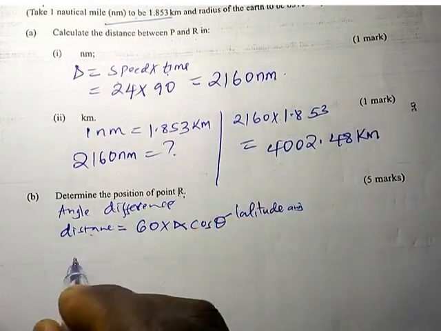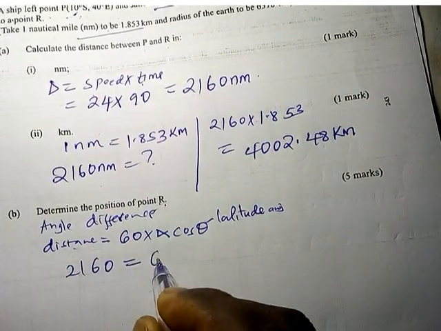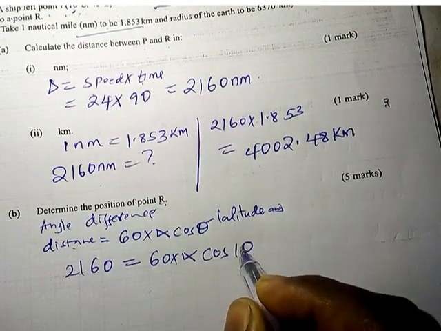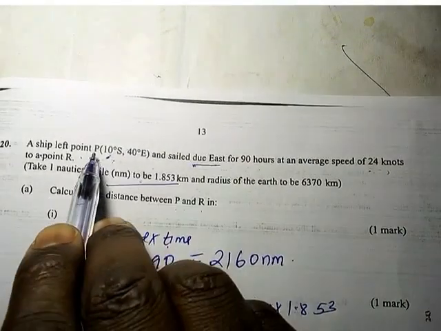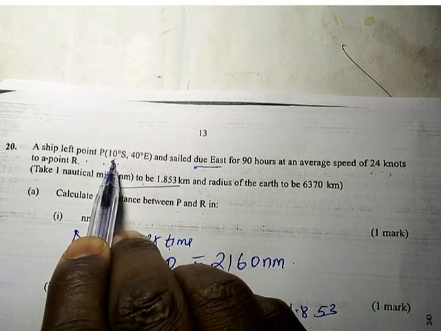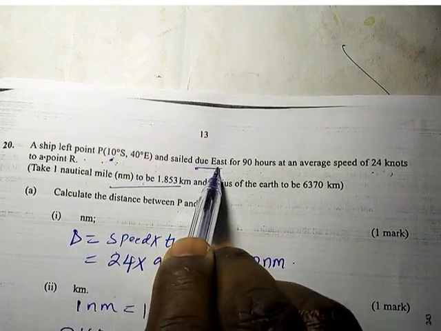Now the distance, we have in nautical miles, 2160, is equal to 60 times the angle difference times cos 10, because what they are sharing is the latitude, because it is going along the same latitude to the east.